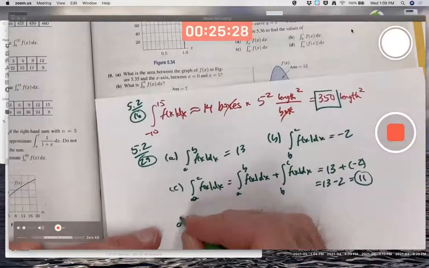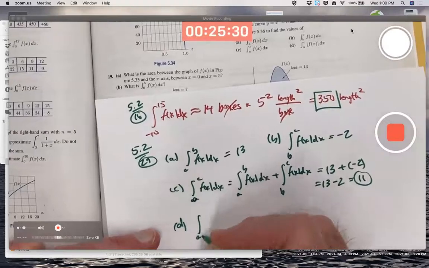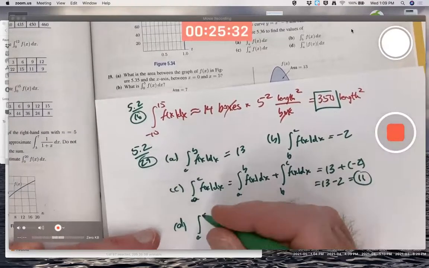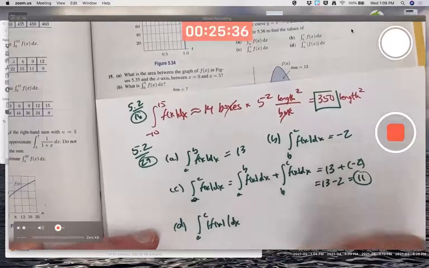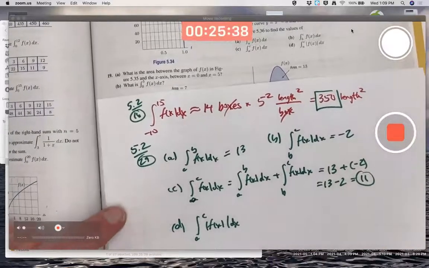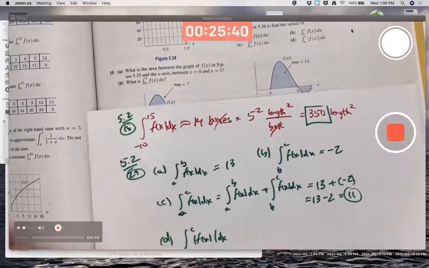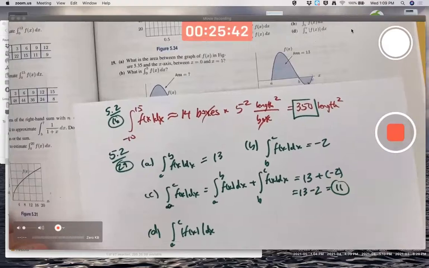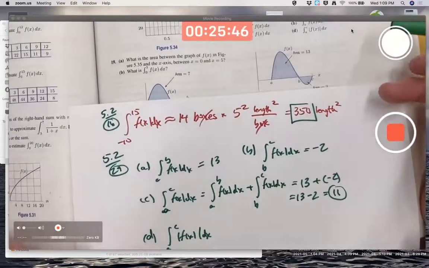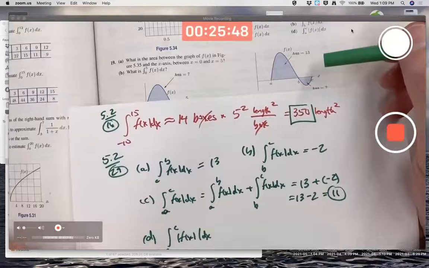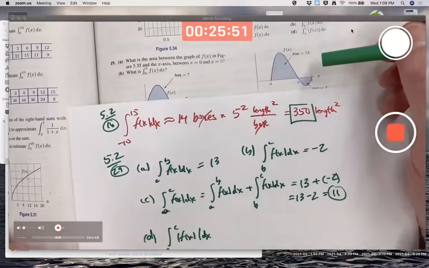In D, you're asked to integrate not the function itself, but the absolute value of the function. Here you need to understand how to draw the graph of the absolute value of a function if you're given the graph of the function.